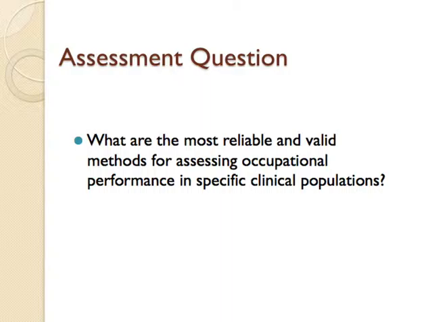So those types of questions ask whether something is reliable. Can it be done again and again? So if I measure someone multiple times, will I get a similar result? Will I get the same kind of result? And is it valid? Am I really measuring what I'm looking for?